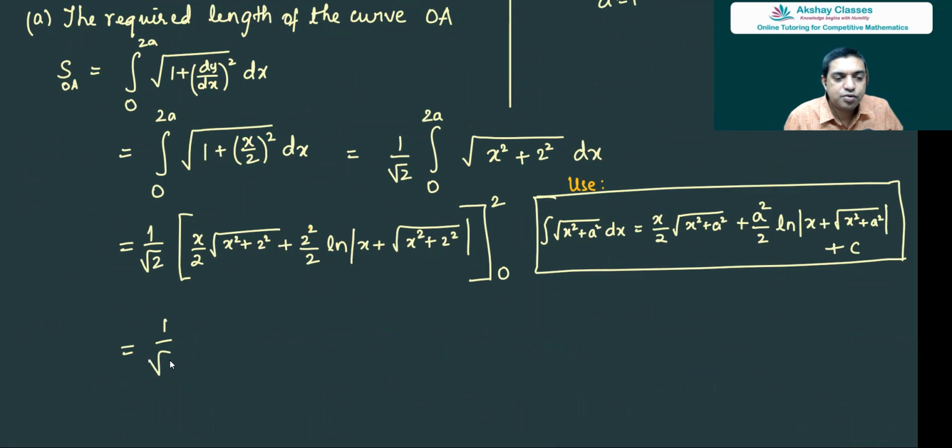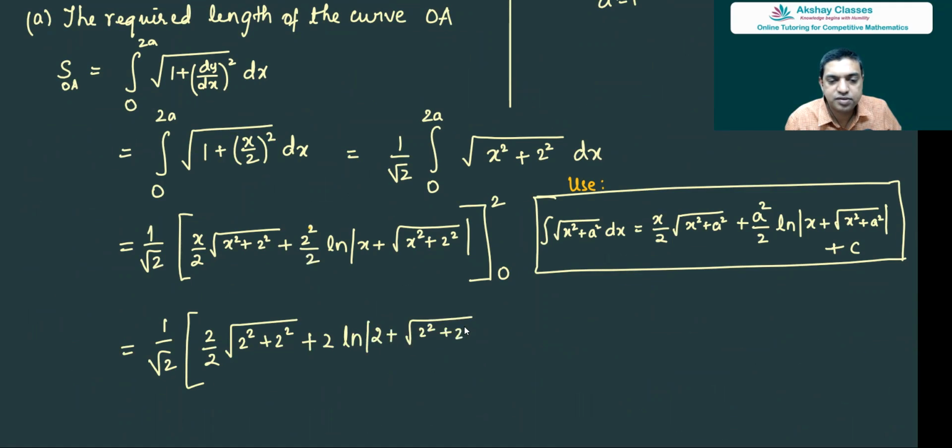So this is 1 upon root 2. Substitute 2 upon 2 by 2 square plus 2 square, plus this is 2 log mod 2 plus the square root of 2 square plus 2 square. This is substituting the upper limit minus substituting the lower limit. When we substitute the lower limit, you get 0 plus 2 times log mod 0 plus the square root of 0 plus 2 square.